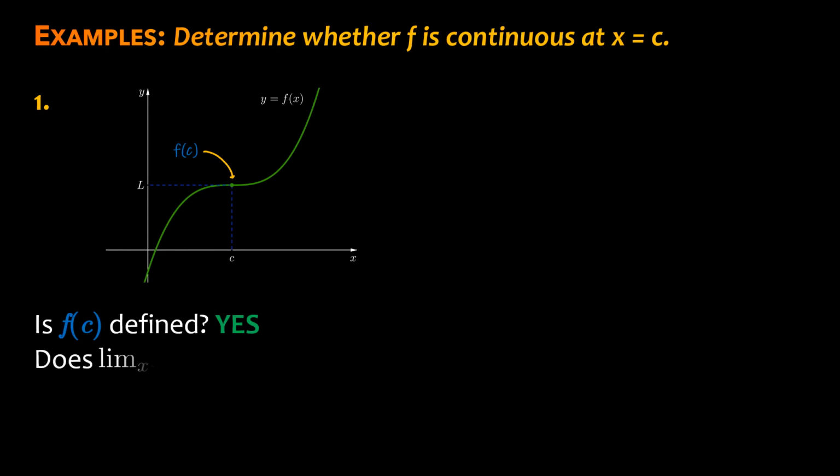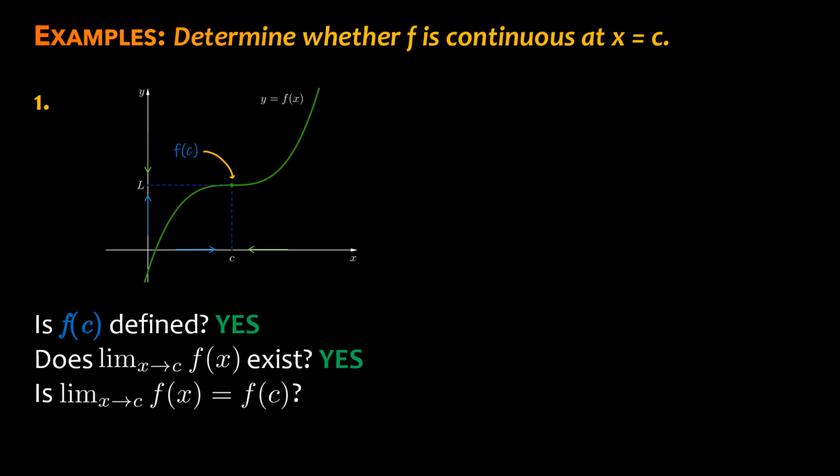Does the limit of f of x, as x approaches c, exist? Yes. Because the one-sided limits both approach the same number. Is the limit equal to f of c? Yes. Thus, f is continuous at x equals c.